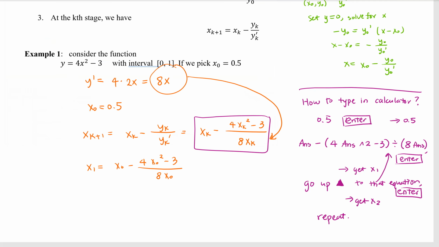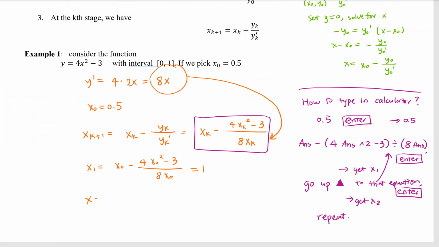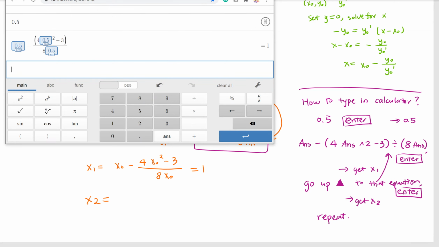For x2, just go up, if you're holding your calculator. So everybody, please, in class when I type something in my calculator, please do the same thing on your calculator, because sometimes you really need to type it by yourself, and then you understand the difficulties and the possible mistakes that we may make.